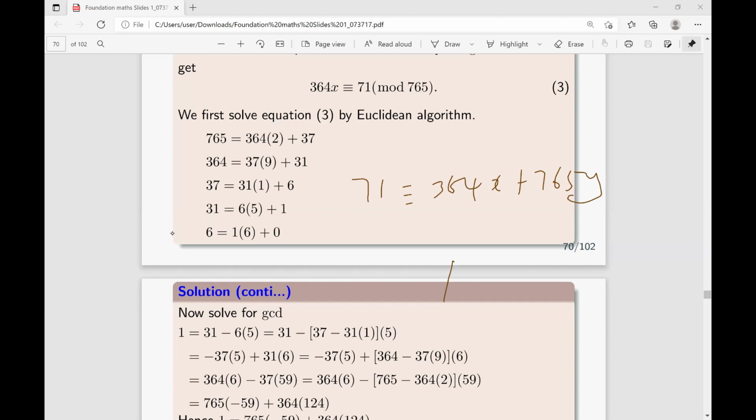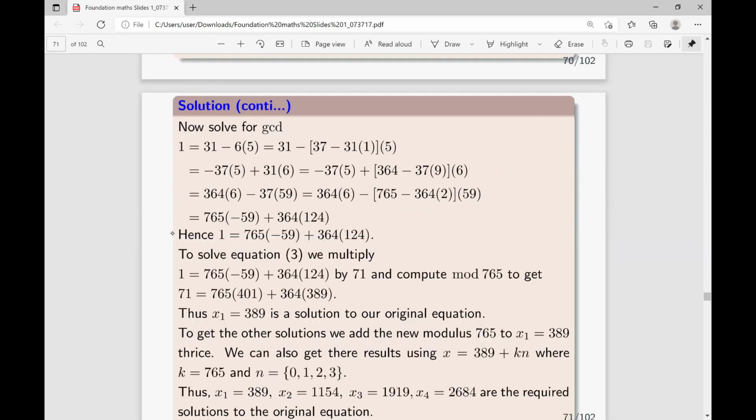But what do we have? I've written the whole thing here. What we have is this, but what we are supposed to get is that. That means this equation should be multiplied by 71. So when you multiply by 71, you get this, and then here by 71, you get this.